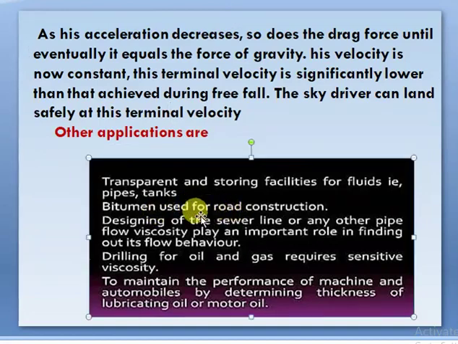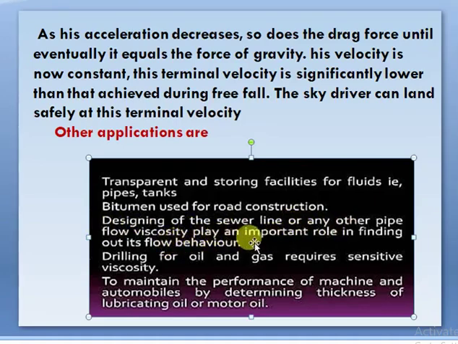You see these bitumen that are used when they are tarring the road, they are equally viscous fluid. They are viscous liquid. So we use these bitumen that are viscous liquid in our road construction.